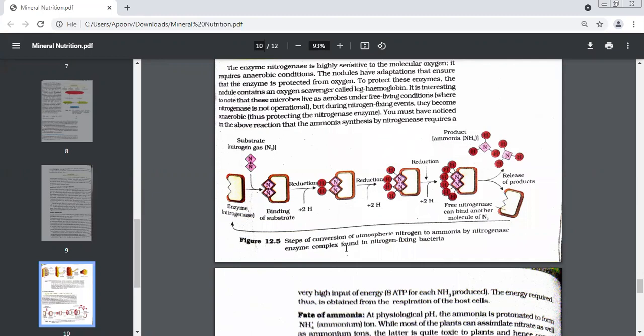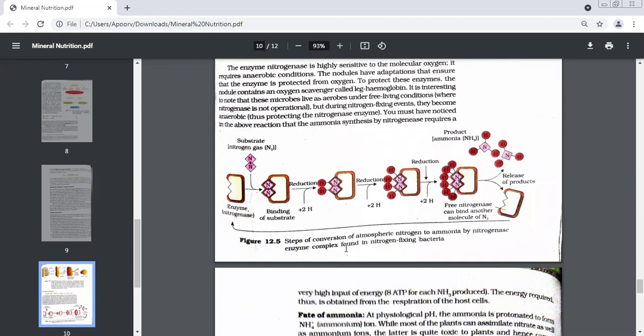So the nodules have an adaptation such that this enzyme is protected from oxygen. Now let us understand how these nodules protect nitrogenase from oxygen.